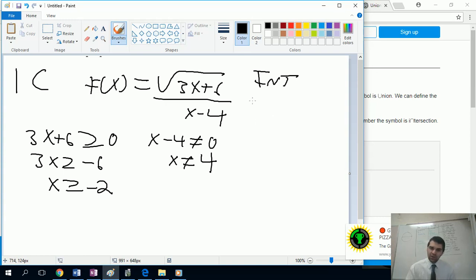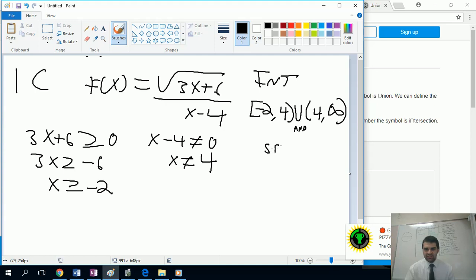So using interval notation, it has to be greater than or equal to negative 2. So you can go from negative 2 to 4 not inclusive, and, so that's a union for and, you can go from 4 not inclusive to infinity.